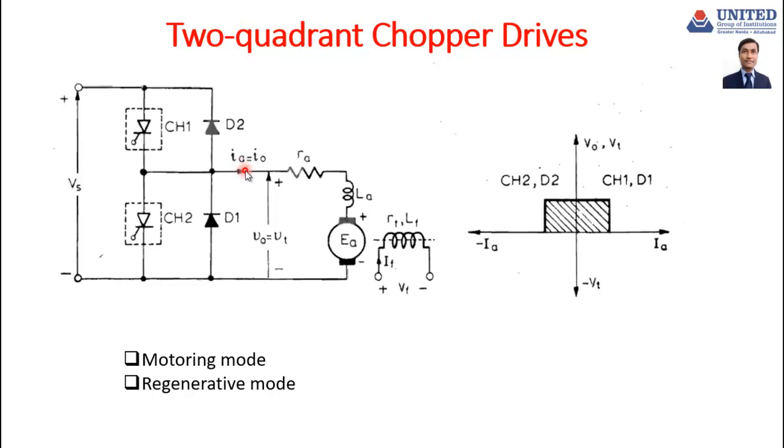Therefore, energy stored in inductance LA will be returned to the DC supply. During the regenerative braking mode of operation, this drive operates in second quadrant operation. That is why it is also called forward regenerative braking mode operation.